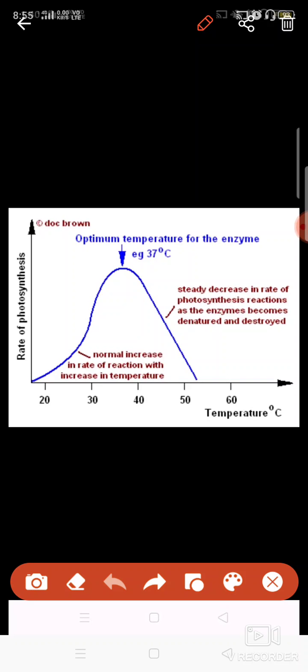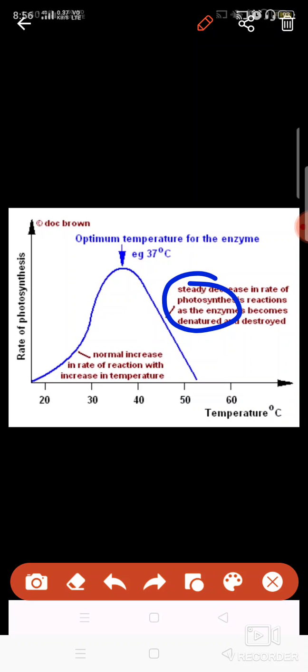But if we increase the temperature from 37 to 40 degrees or more, then the activity of the enzymes will decrease. The enzymes will become denatured, sorry, deactivated, and will not be able to function properly, and in this manner there will be a decrease in the rate of photosynthesis.